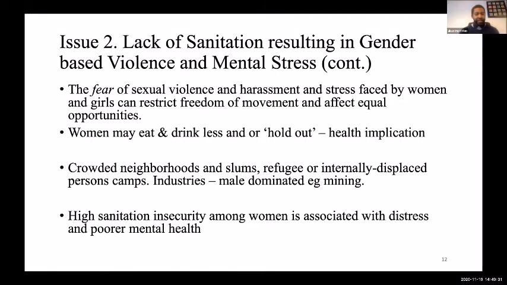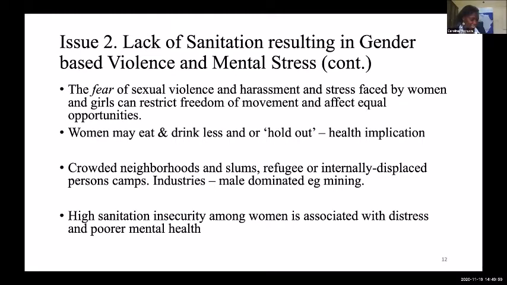And this is as a result of either lack of sanitation and toilets or inadequate toilets. And so women will walk long distances to use toilets, or will go to shared facilities, and they can be attacked, they can face gender-based violence.